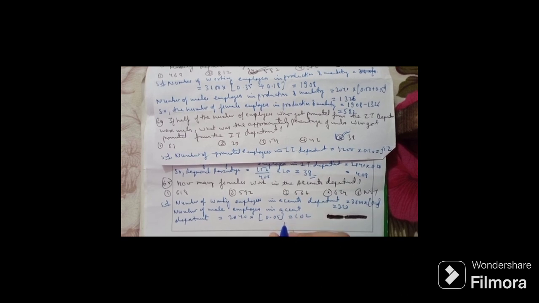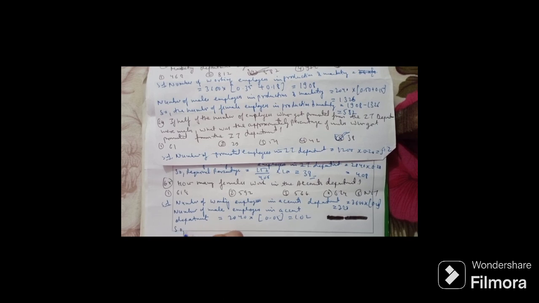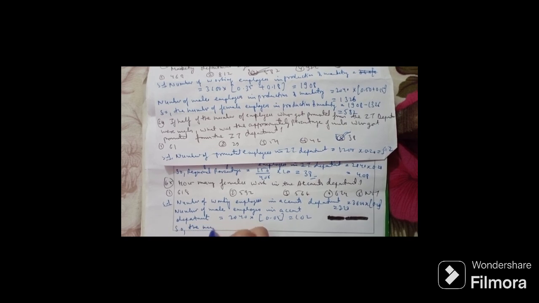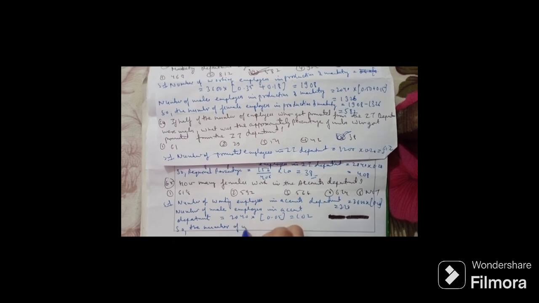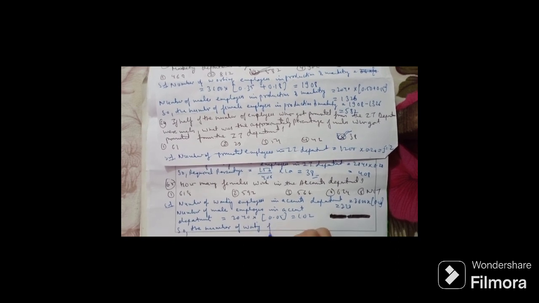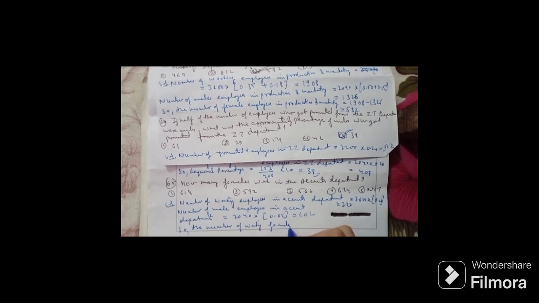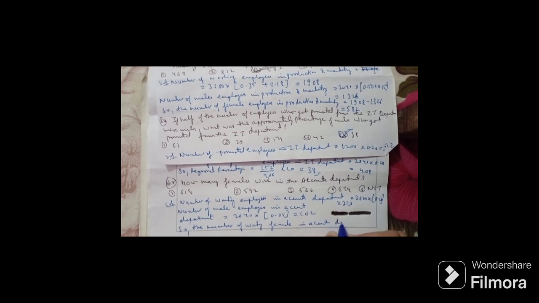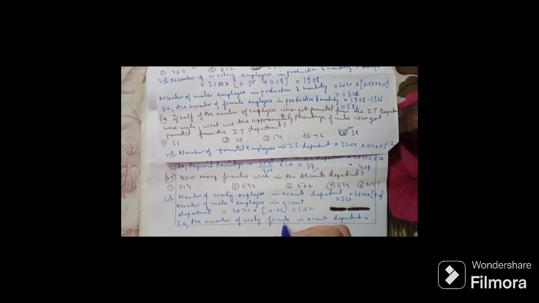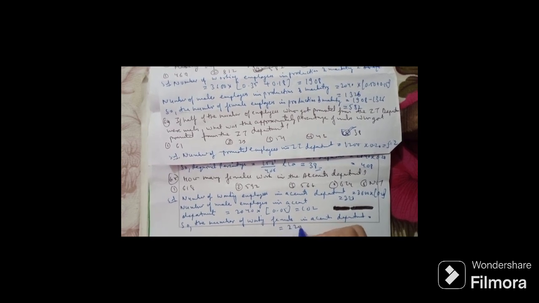Now the number of working females in the accounts department equals 720 minus 102, which equals 618.